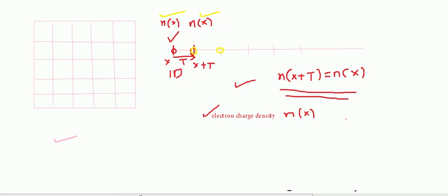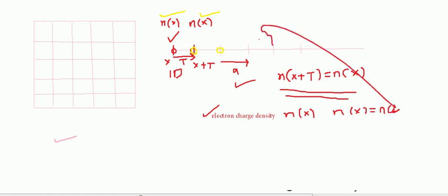For example, consider here the movement is a. Then I should say that n at any x is the same as, if I move a distance forward, the electron charge density should be the same. So here I can write x plus a.